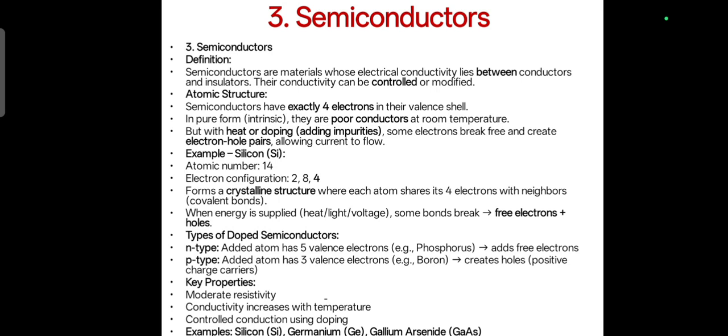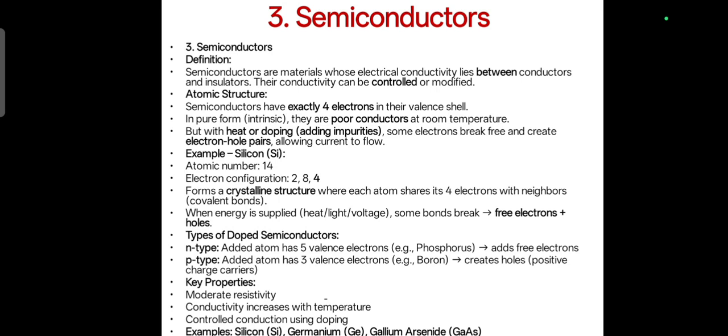An example is boron, which creates holes, meaning a positive charge carrier is added here. So these are the two types of extrinsic semiconductor, n type and p type. In n type we are adding atoms which have 5 valence electrons, and in p type material we are adding atoms with 3 valence electrons.